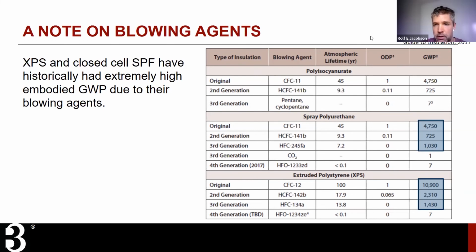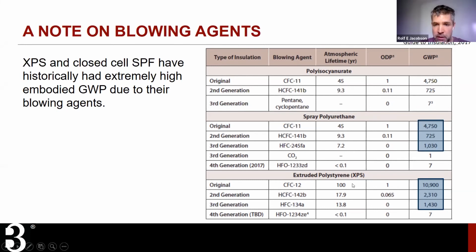The GWP on that is 7, so it's not a number to be concerned about. There may be other chemicals used in polyiso that the project team wants to stay away from. But in terms of GWP, polyiso is not that concerning of a product.